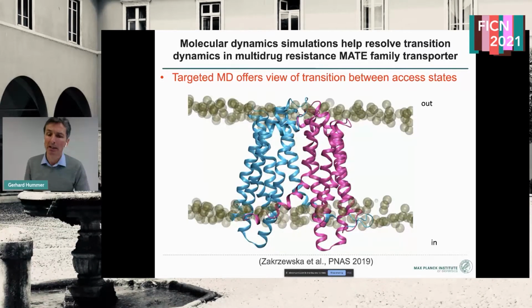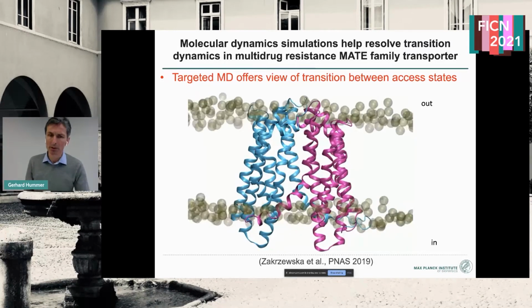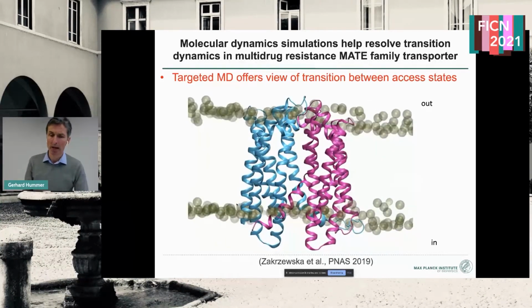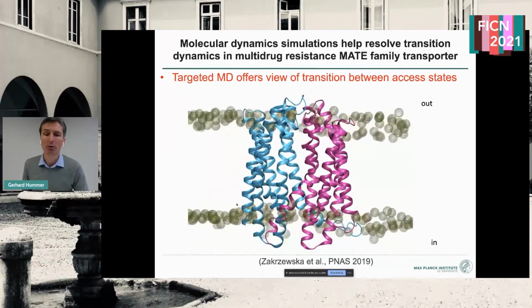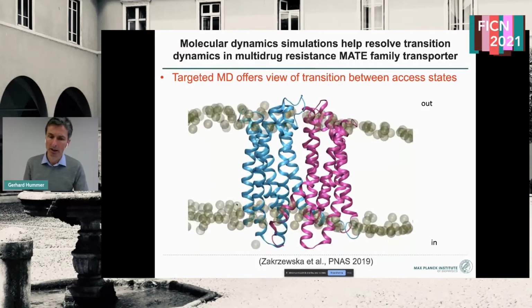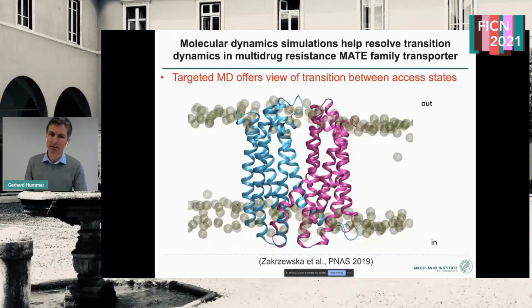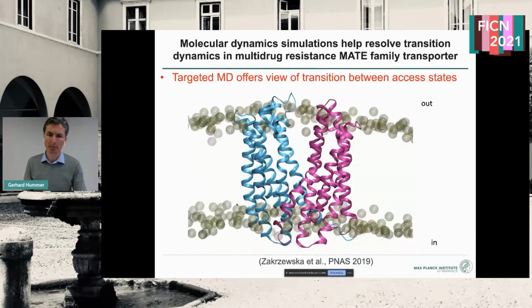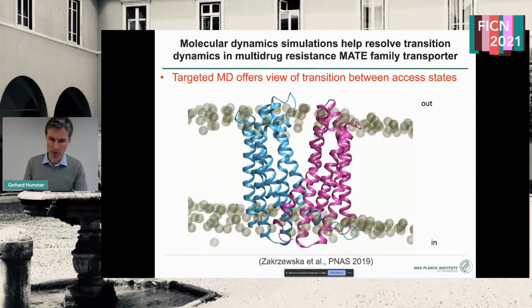So by using a standard method to give at least a rough idea of a large-scale conformational change, and this is targeted molecular dynamics, TMD, we use these two structures as beginning and end points to look at a possible pathway for how this conformational change from an inward-facing to an outward-facing state could happen. And here you see an MD trajectory. I hope you can all see the movie of this transition.